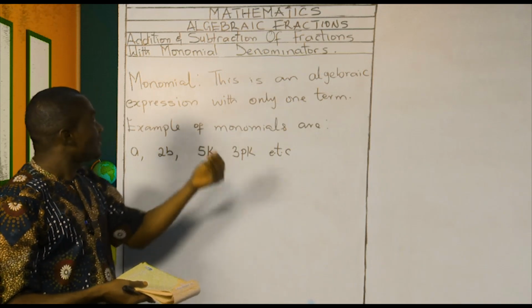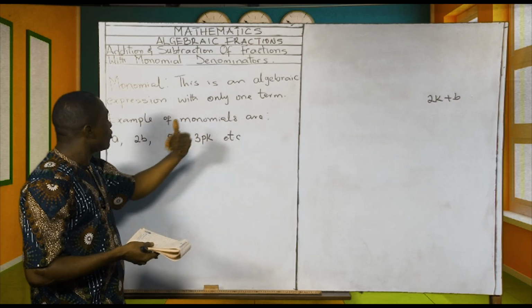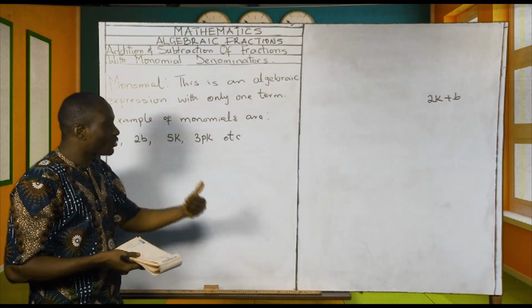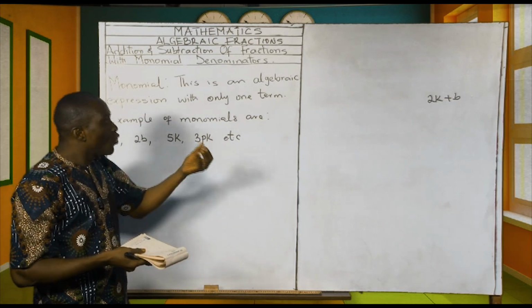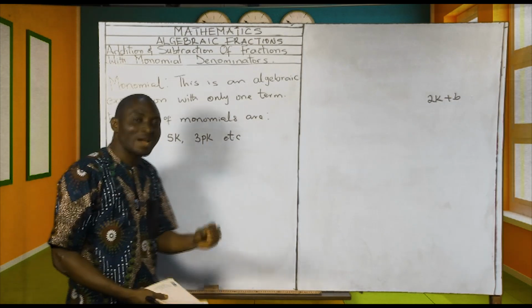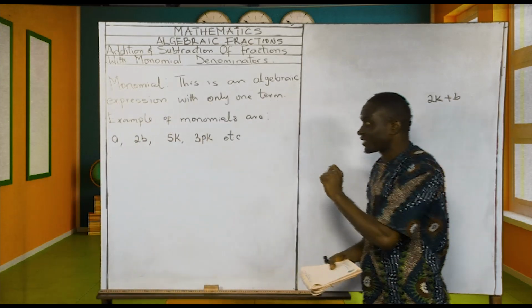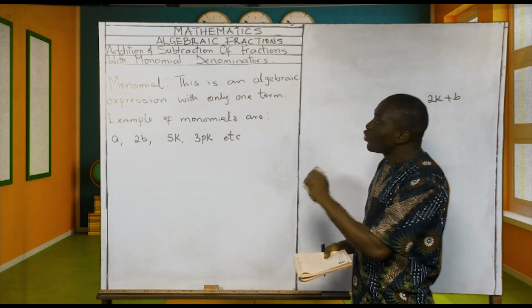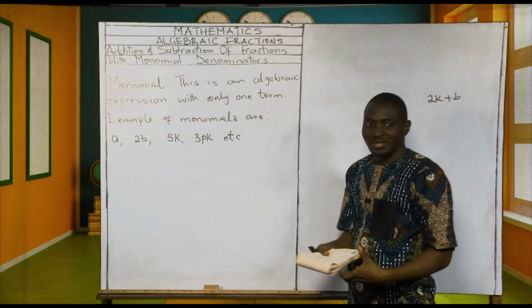Fractions with monomial denominators are fractions whose denominators are monomials.